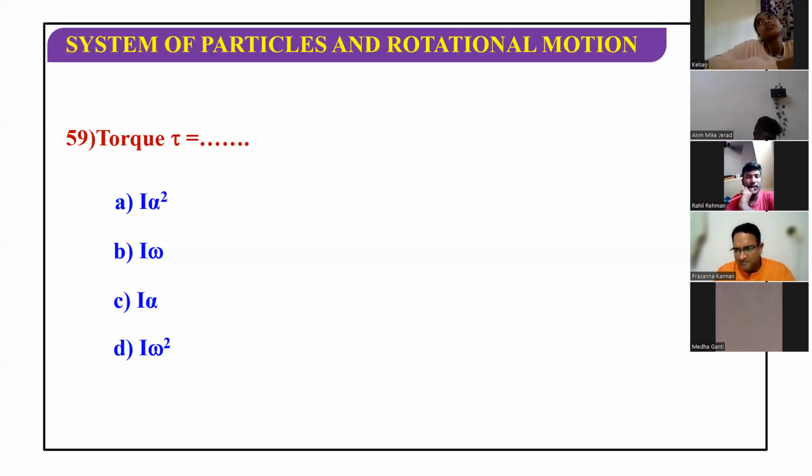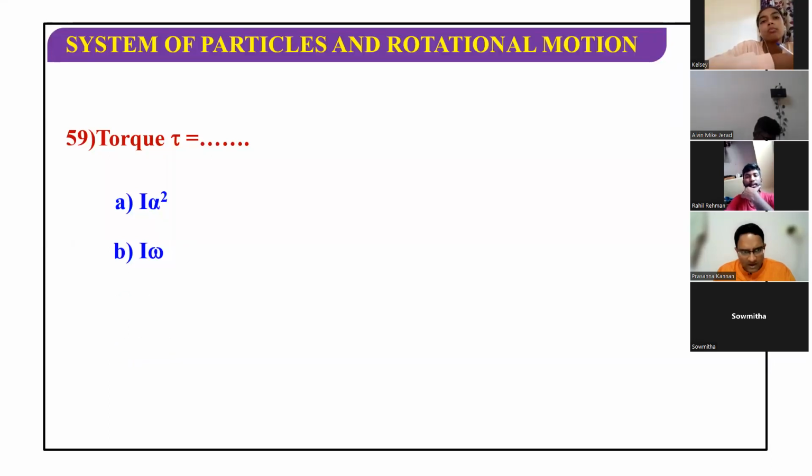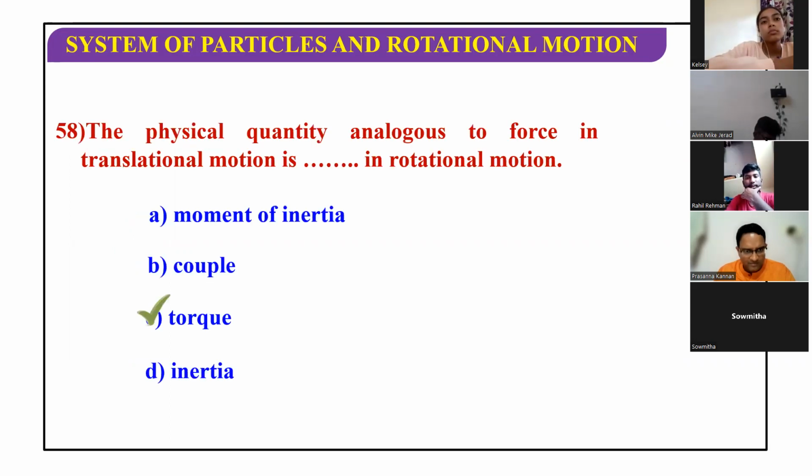Clear? Sir, in the last question, there was an option like couple. What does couple mean? I'll share it. Jeril, explain to Rahil what is a couple. Sir, Titanic ship, sir.